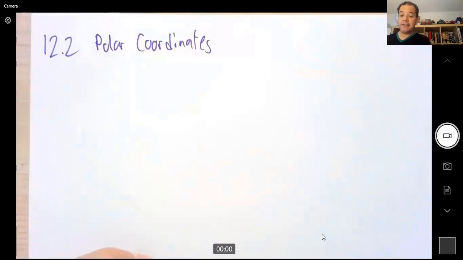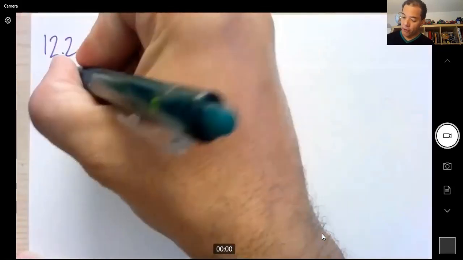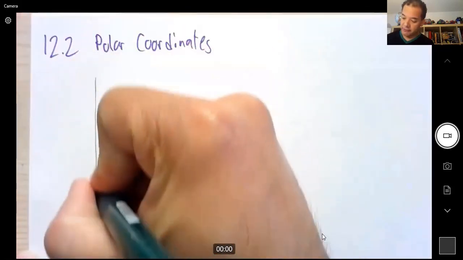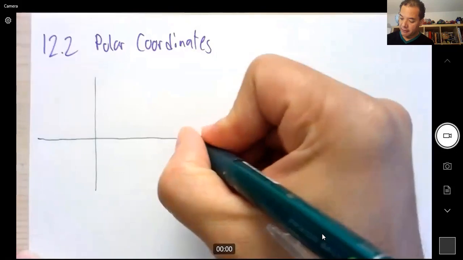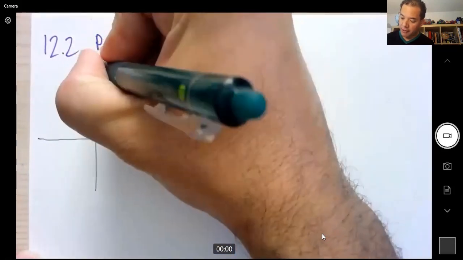Okay, and this is a new way of locating points in the Cartesian plane, in the plane, right? Usually the way we find out where points are located is by providing their x coordinate and their y coordinate.